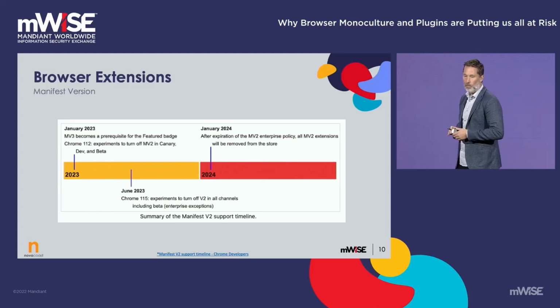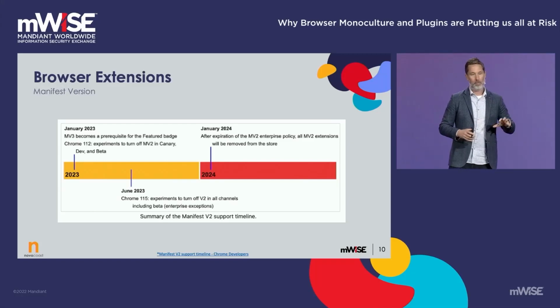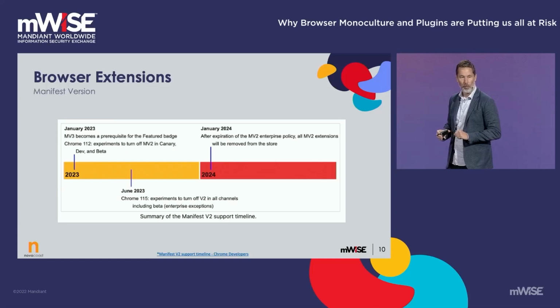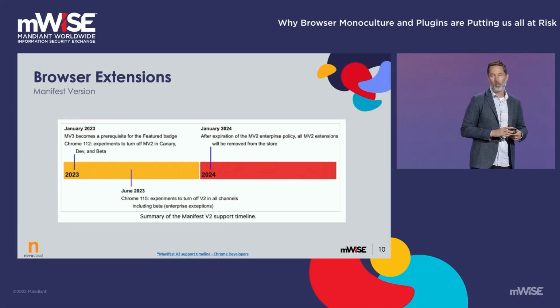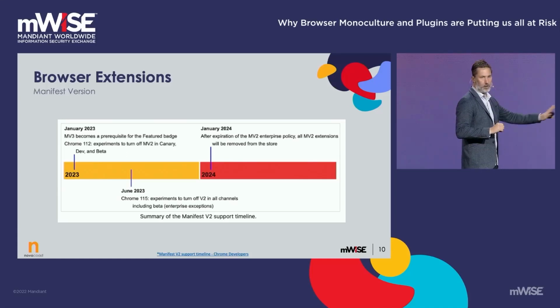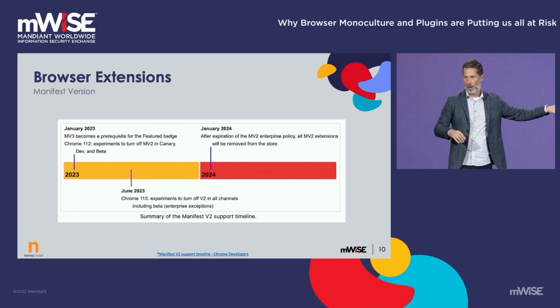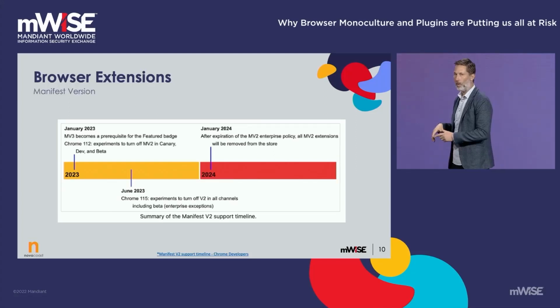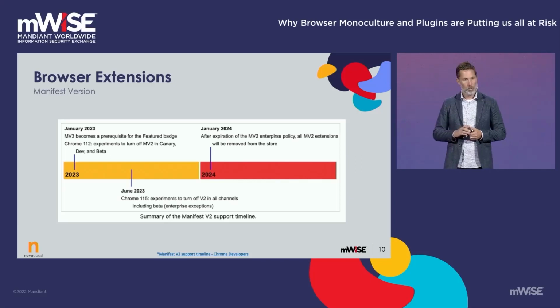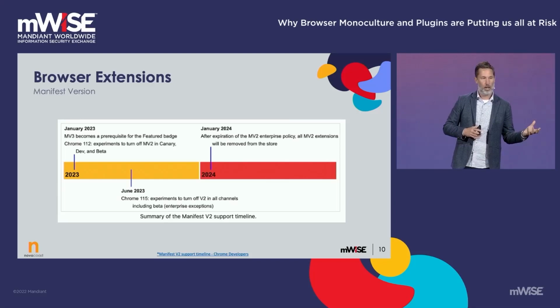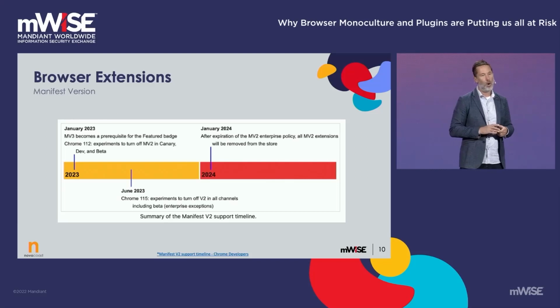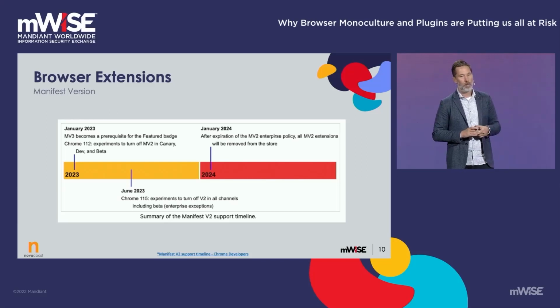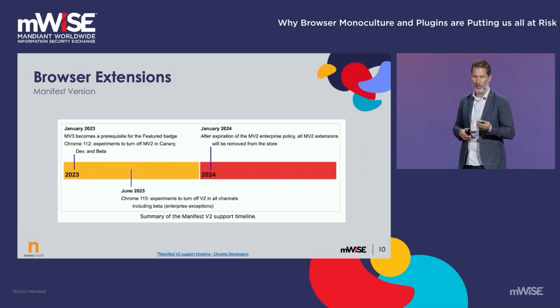So essentially what they're saying is that after the expiration of the current policy in 2024, we're going to remove the extensions from the store, but if they're still installed in your environment, they're still going to operate and run. And if they've changed the update location prior to January 2024, they'll just continue to get updates outside of what's supported. So somewhat problematic on the manifest versions, but there is at least a view of, hey, this might be a problem and we should do something around it.